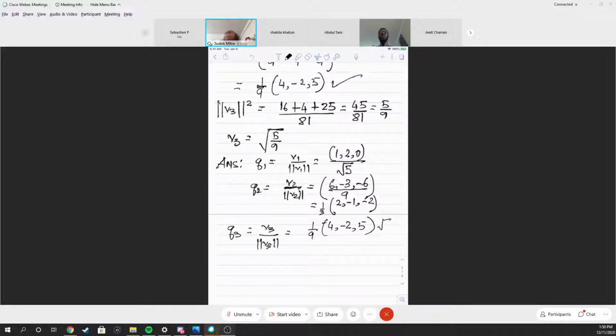So square root of 9 upon square root of 5. So this is square root of 9, and that is 1 upon 3 root 5, (4, -2, 5). That's the answer.